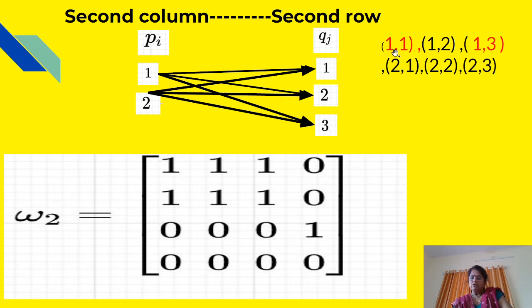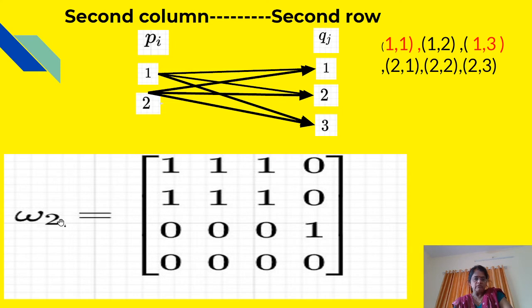But we will add ones only at places 1, 1 and 1, 3, because at the remaining places, 1, 2, 2, 1, 2, 2 and 2, 3, ones are already there. Therefore only 2 ones will be added, at 1, 1 and 1, 3, in W2.